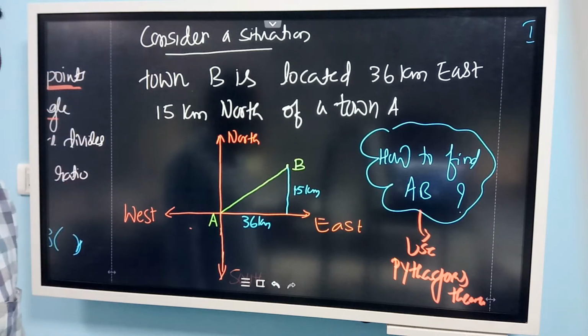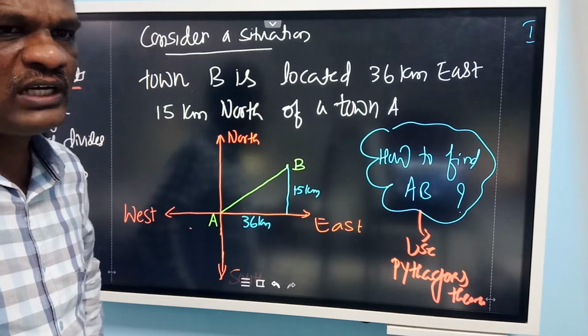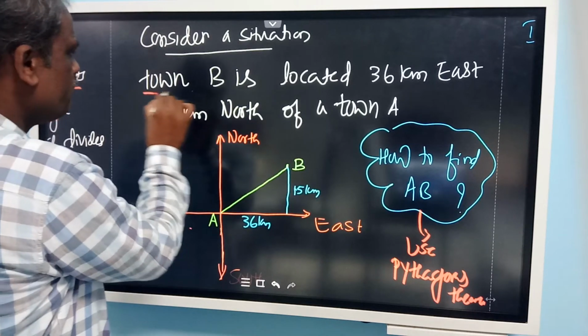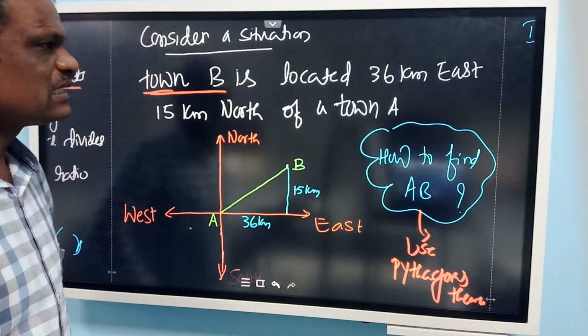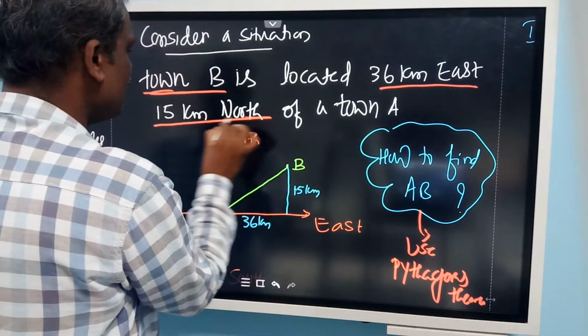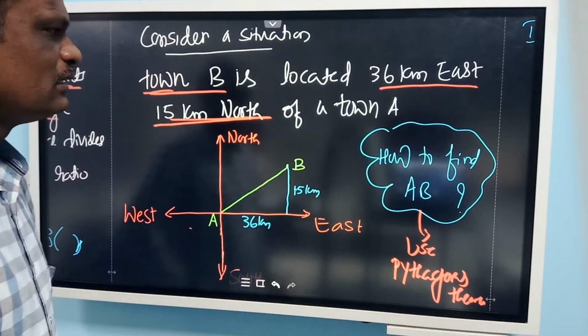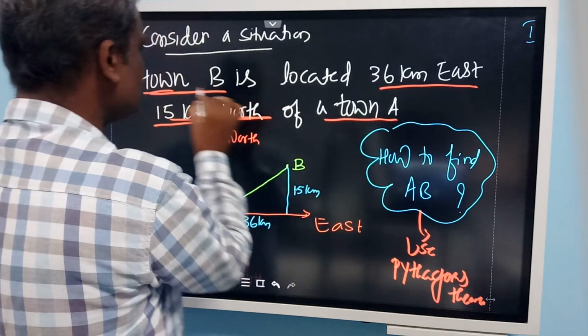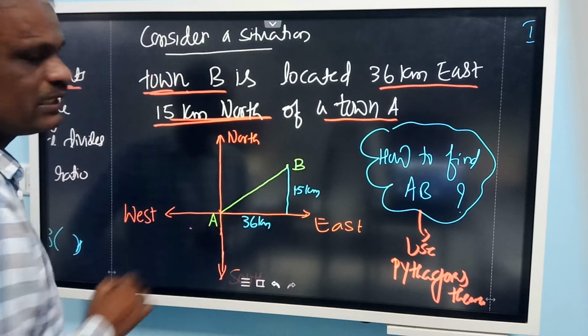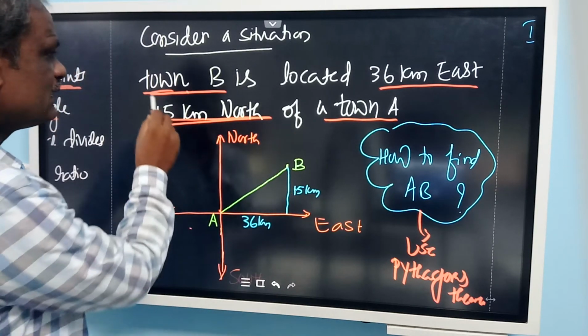One situation. Let us take a situation now. Carefully observe here. Very interesting. Town B is located 36 km east and 15 km north of town A. There are 2 towns, town B and town A. Here I have taken town A, here I have taken town B. So what are they telling?